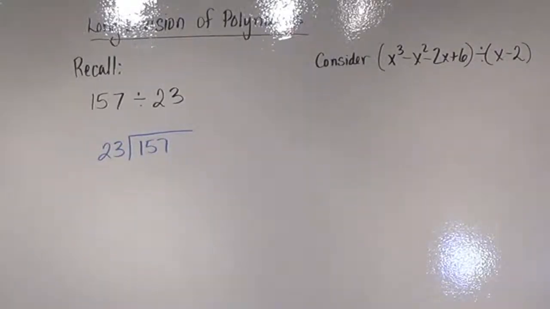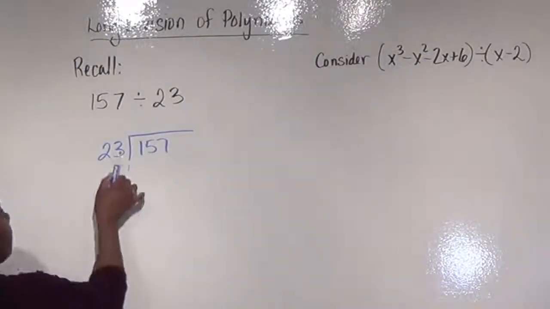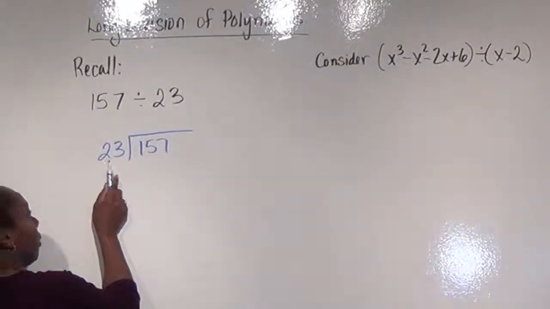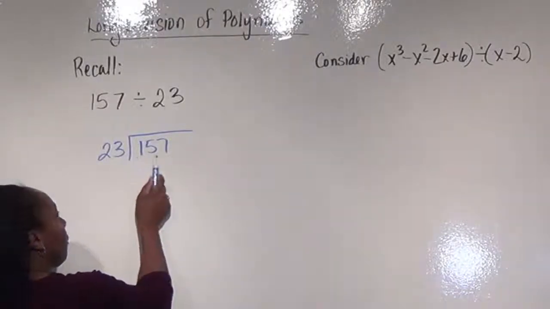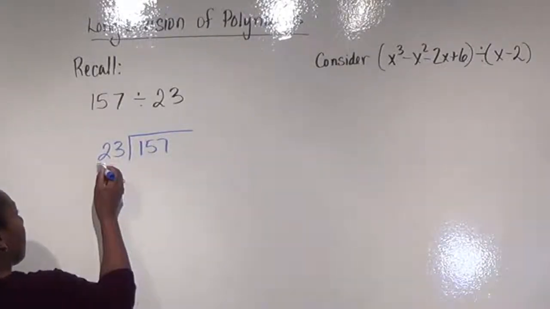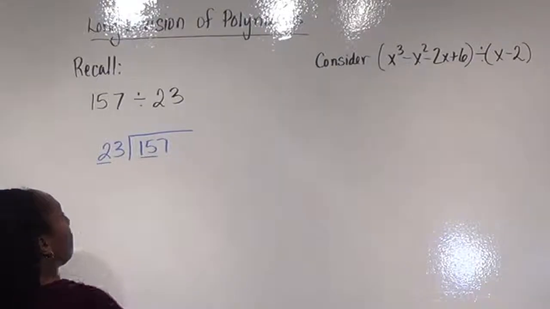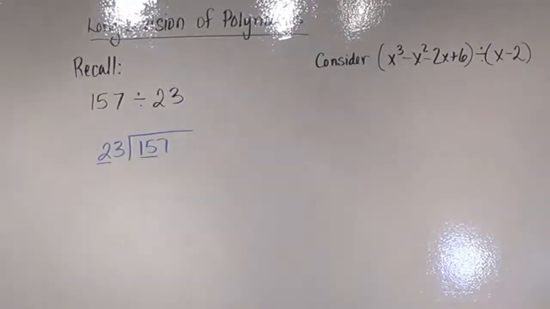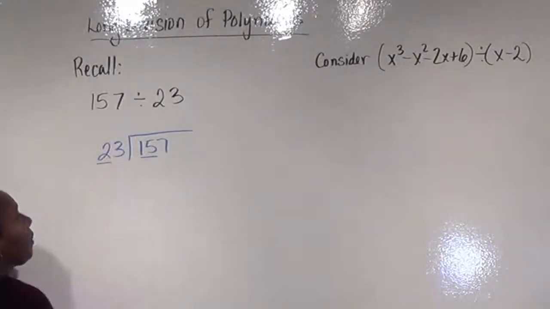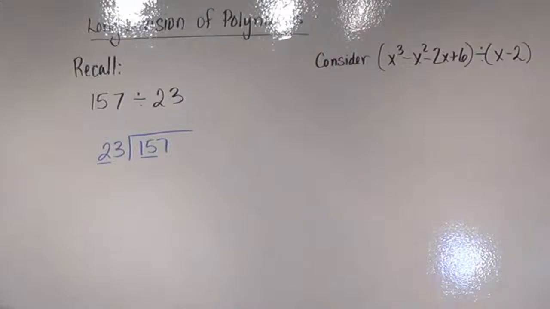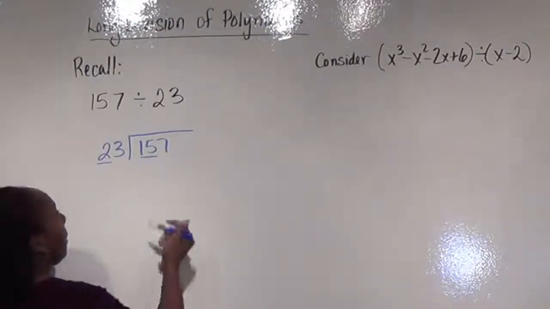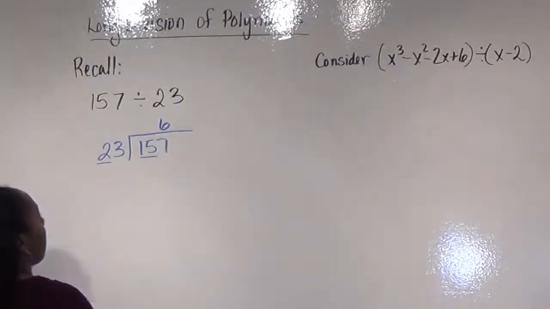I know it's going to go in there some number of times, but I don't know how many. So instead of looking at the whole number, I'm just going to look at the first digit into the first part of the number. If I look at the 2, I want to know how many times it's going to go into 15. We can think, well, it's about 7. I'm probably going to need a little less because I'm not just looking at 2, I'm looking at 23. So we're going to try 6.